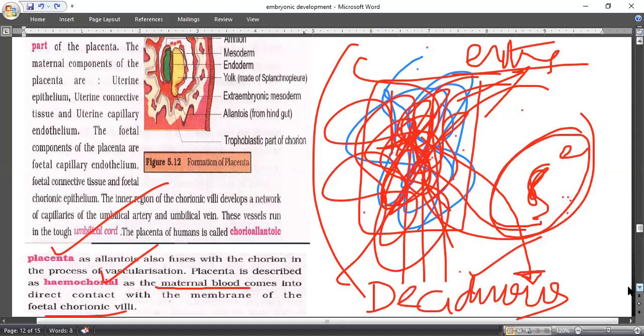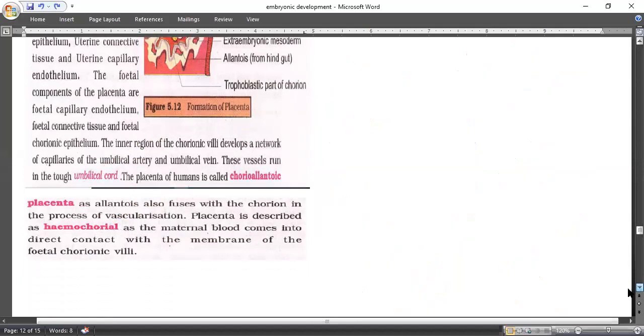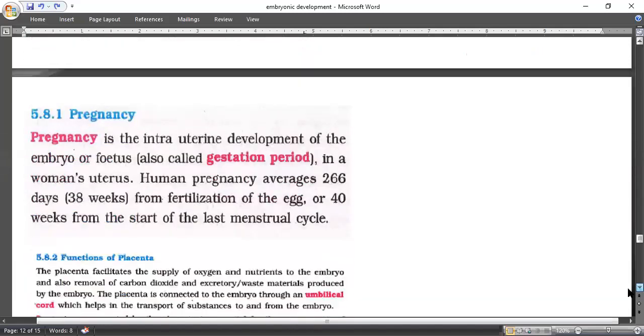Chorioallantoic because the chorion and allantois collect and supply the nutrients and excretory wastes respectively. Hemochorial because maternal blood vessels come into direct contact with the chorionic blood capillaries. Deciduous because during parturition these blood capillaries are ruptured. So the human placenta is called deciduous placenta.